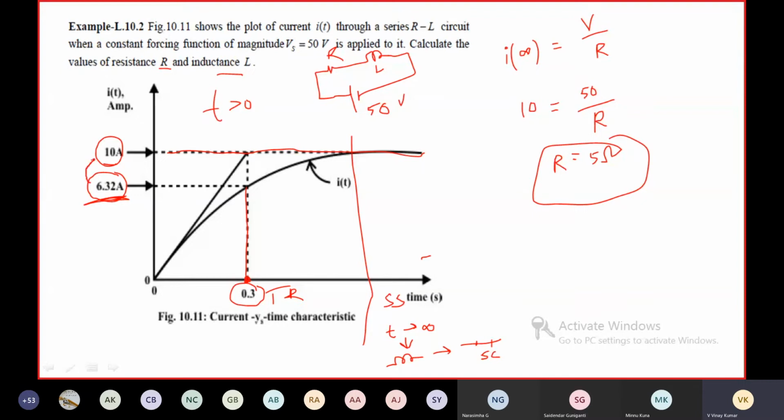So tau is equal to 0.3. Tau is equal to L by R, which is 0.3, and from this we get the value of L.